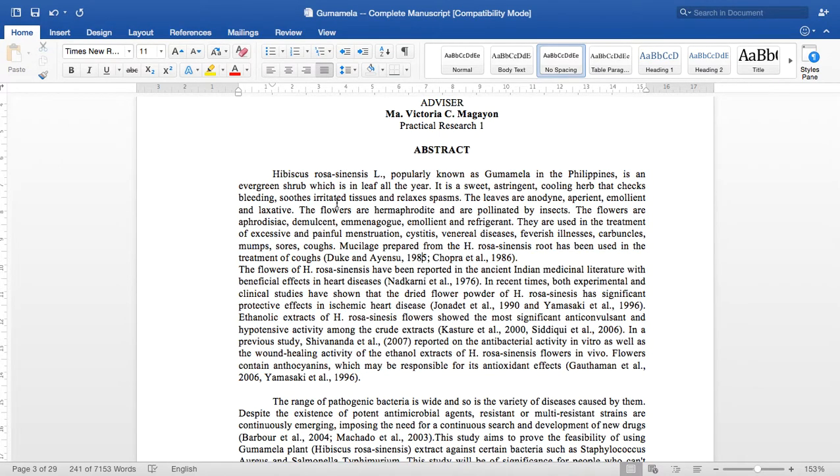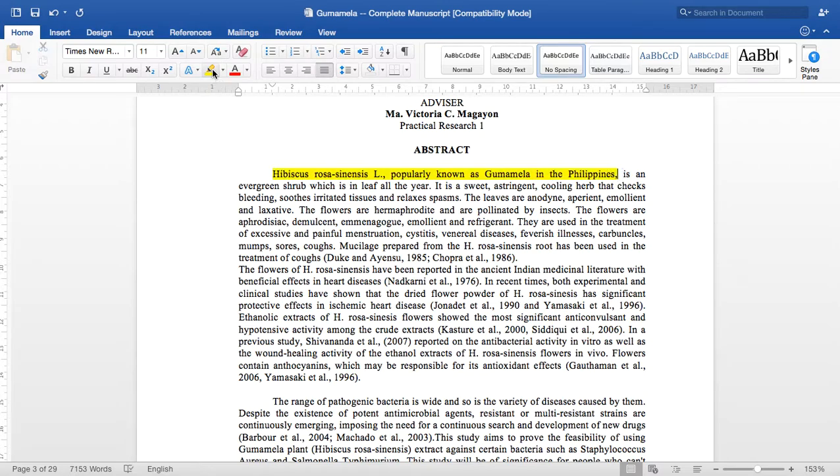So let us paraphrase. So here about the general specific of gumamela as ointment. Okay, so we don't need this. Okay, so let us first highlight which words should be included.